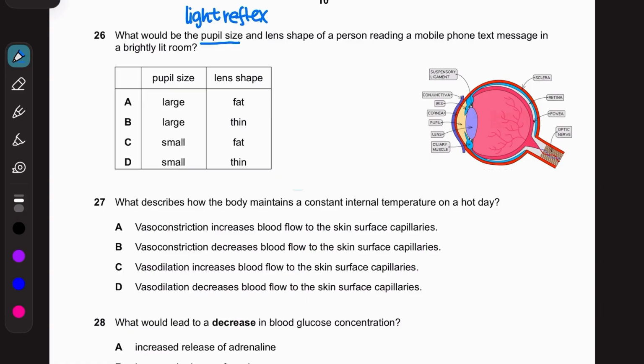Okay, then for the lens shape, so first of all, what is the lens? It's this bubbly shape here. That's the lens. And the lens does this thing called focusing, or we call it the accommodation reflex. So basically it helps to focus images.